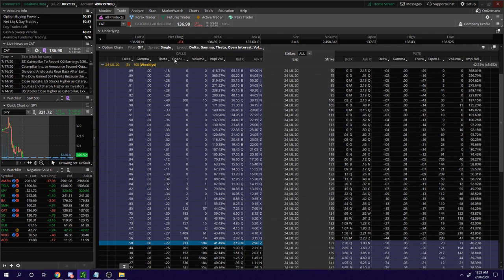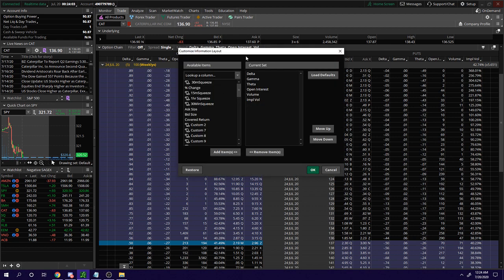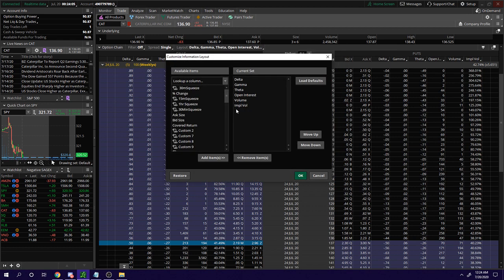It'll also say right here, calls, puts. If you're on Thinkorswim, you can click up here where it says layout, customize. You can edit your option chain to display whatever values you want. These are the only ones I really worry about.